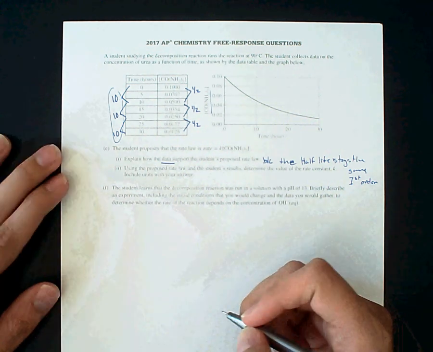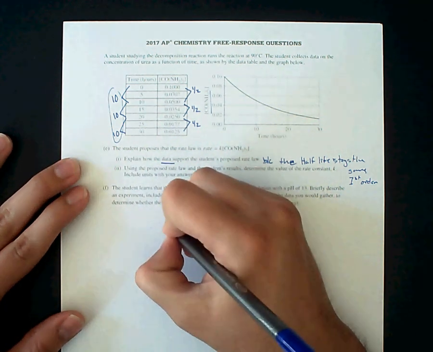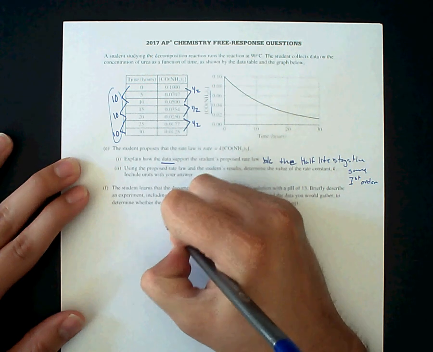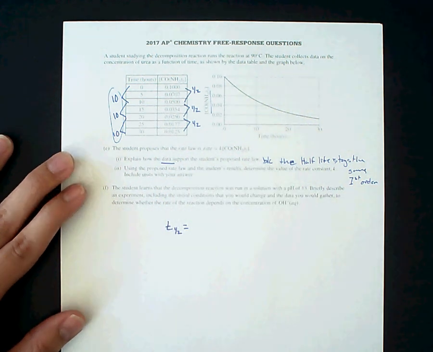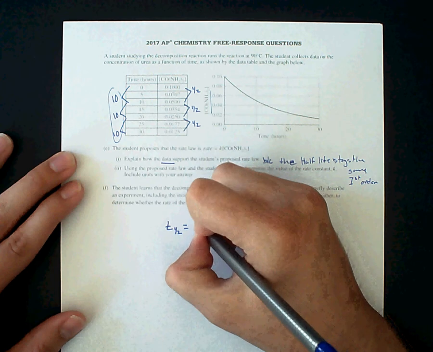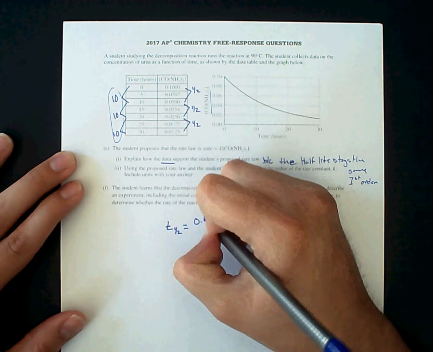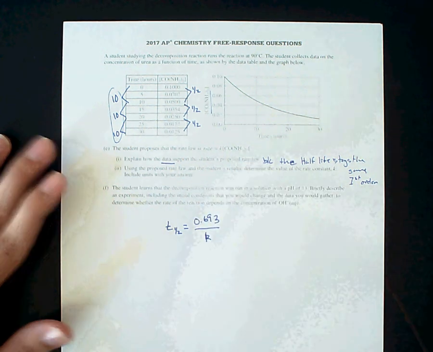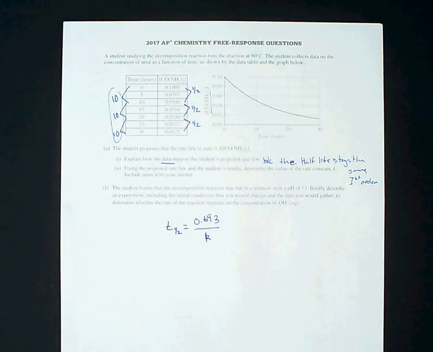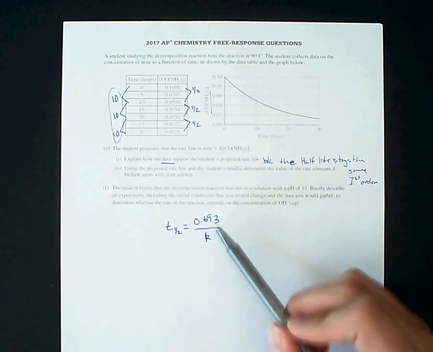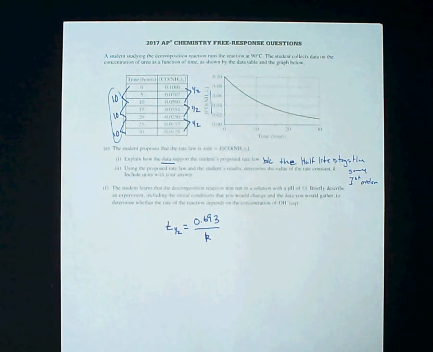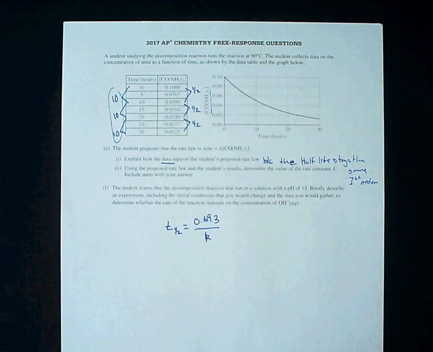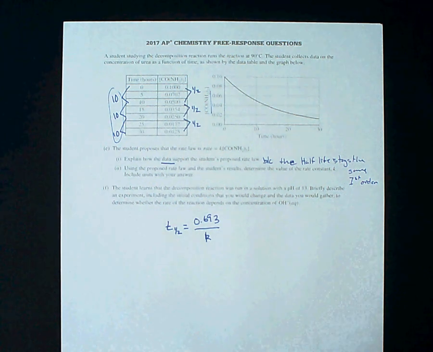This is the only time you're ever going to use this equation: T1/2, which is the half-life, is equal to 0.693 over K. It's the only time you ever use this equation, where K is the rate constant for this reaction.